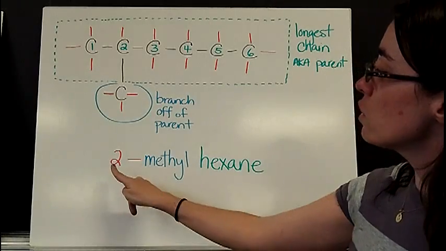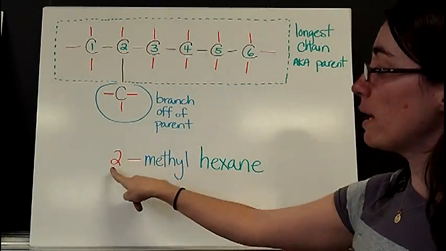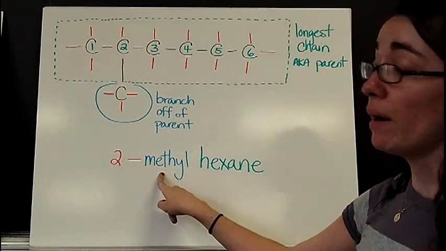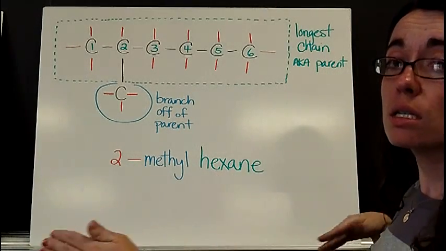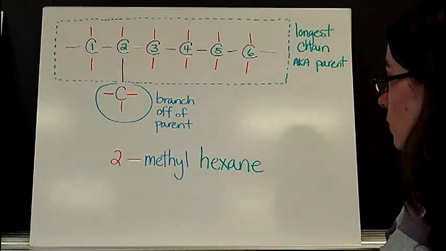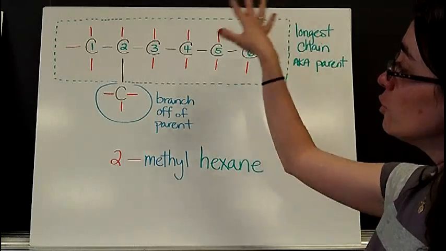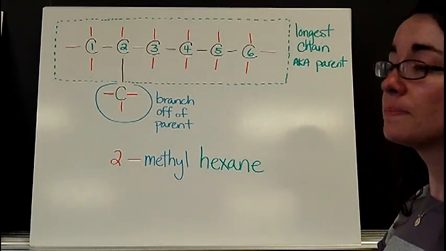So we would call this 2-methylhexane, which means that we have a branch on carbon 2. The branch is 1 carbon in length, and the parent chain is 6 carbons long, all single bonded together. Take a moment, draw it, and we'll move on to the next slide when you're ready.